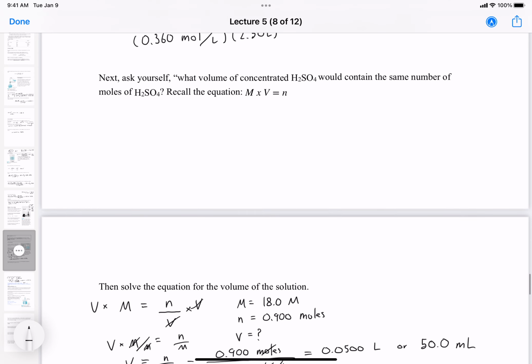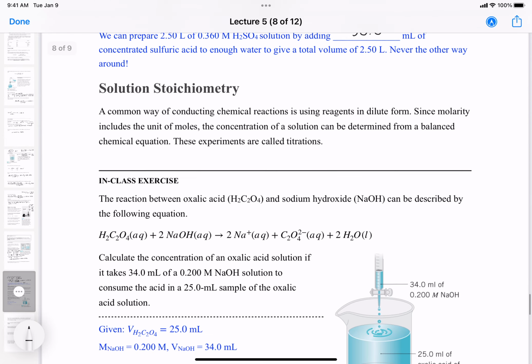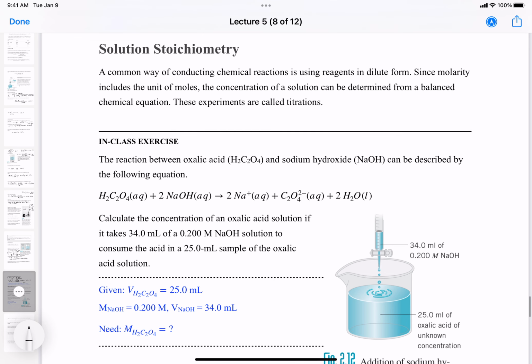So let's move on to solution stoichiometry. If students struggled with regular stoichiometry, they will definitely struggle with solution stoichiometry. So it's best to get the hang of stoichiometry by doing lots of problems until you master the concept.